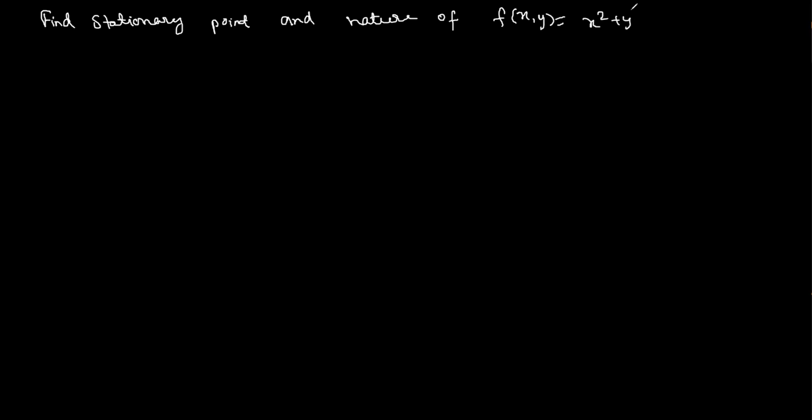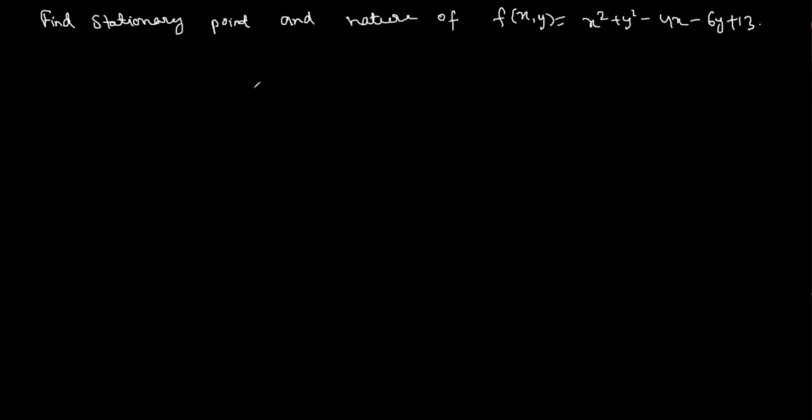Find stationary points and nature of x square plus y square minus 4x minus 6y plus 13. Understood? Now see.